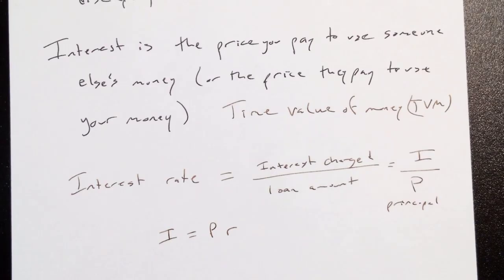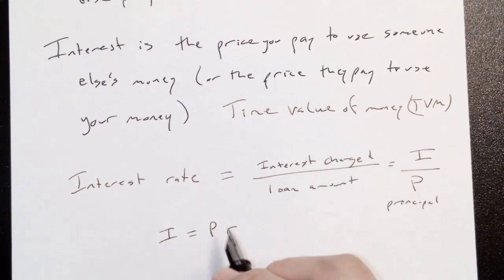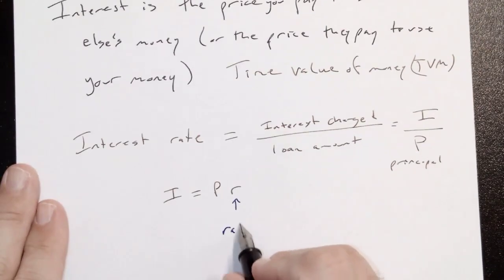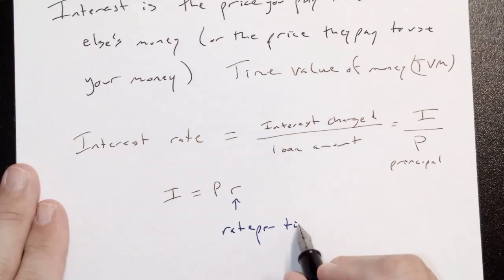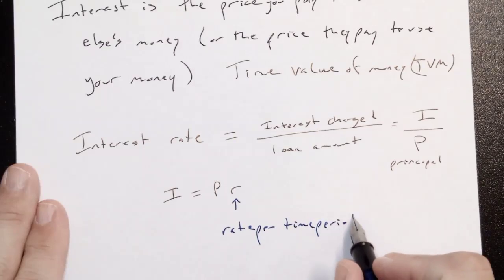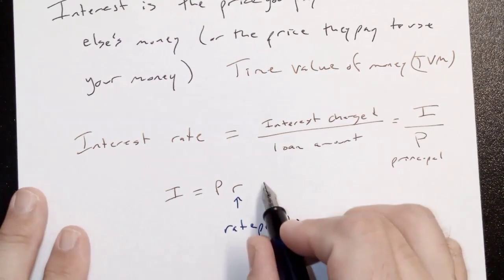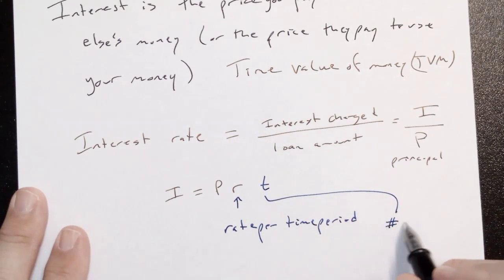It would be more convenient to then work something into this about the time we're going to work in. So frequently, we'll take this and adjust for time. Maybe that's rate per year, or rate per month, or rate per week. In that case, we're going to need to insert here the number of time periods.